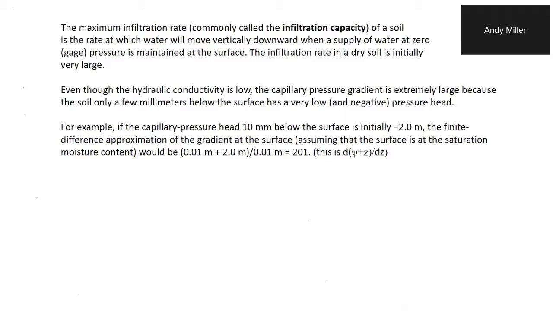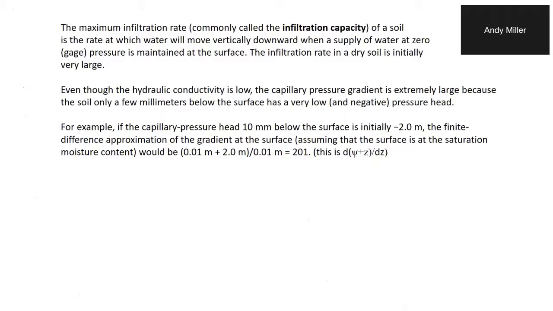Well, what's total head? There's two components, right? What are they? Right. So what's the elevation difference between 10 millimeters below the surface and the surface? 10 millimeters, or 0.01 meter, right? So the hydraulic gradient is dH/dz, where H is Z plus psi, where psi is the tension head and Z is the elevation head.